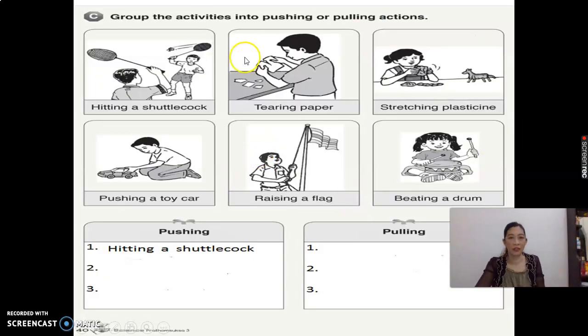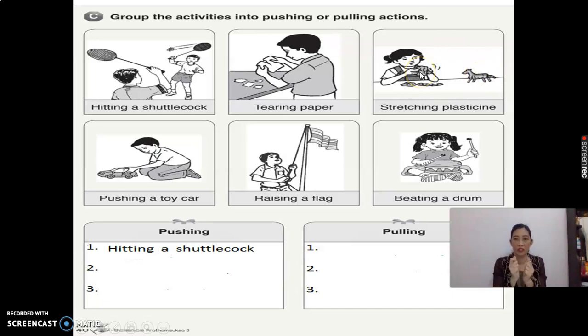Okay. Next is letter C. Group the activities into pushing or pulling actions. This is the pushing and this is the pulling. Number 1 is hitting a shuttlecock. Number 2 is stirring paper.